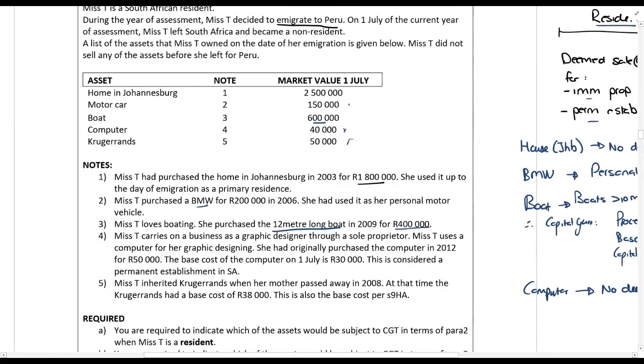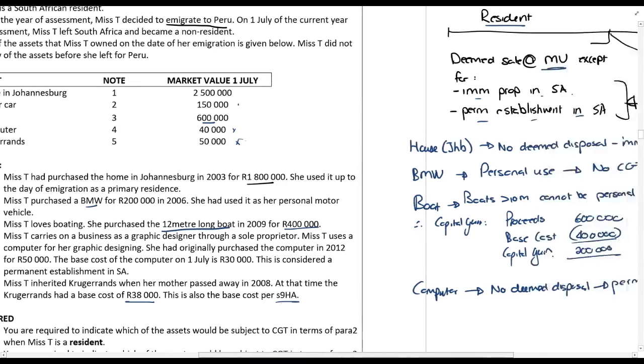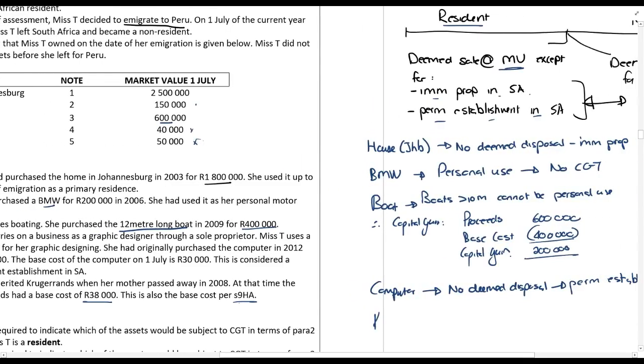Okay, and then we have the Krugerrands. She inherited Krugerrands when her mother passed away in 2009. At that time, the Krugerrands had a base cost of 38,000 rands. And if you inherit something from someone, that market value on the date of death is also the base cost. That's what they tell us there. Right, Krugerrands, guys, not a personal use asset, because it's a coin made mainly of gold.